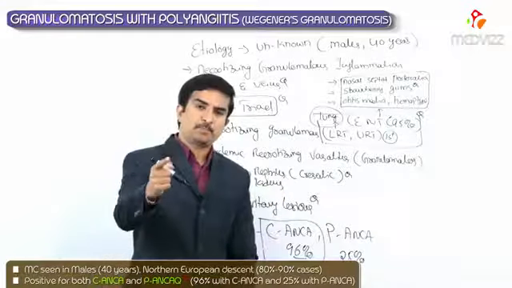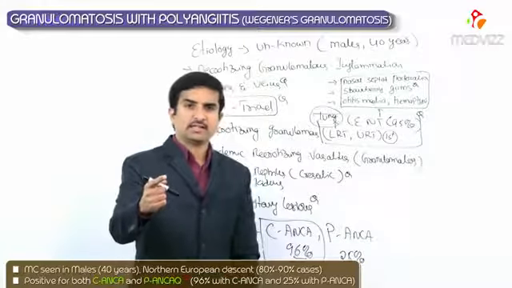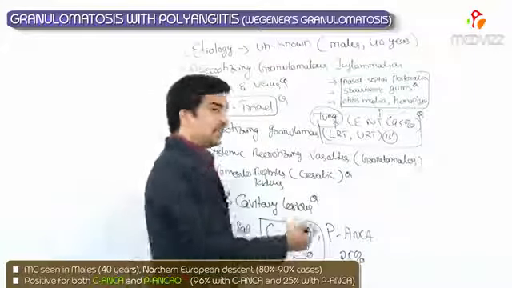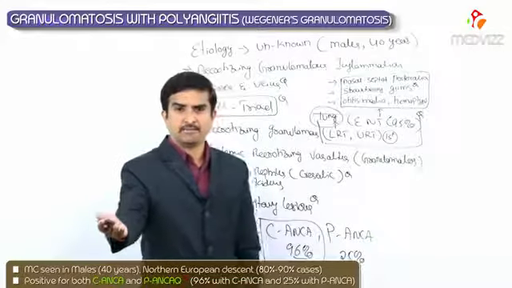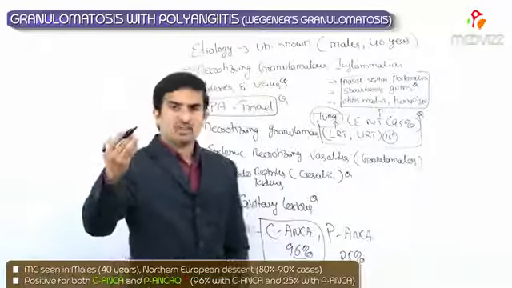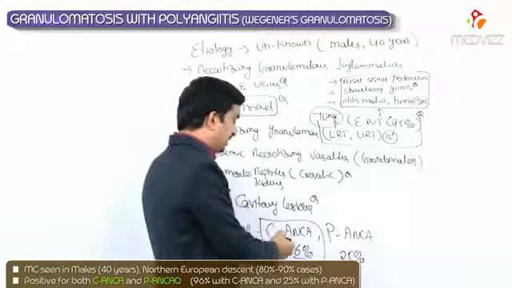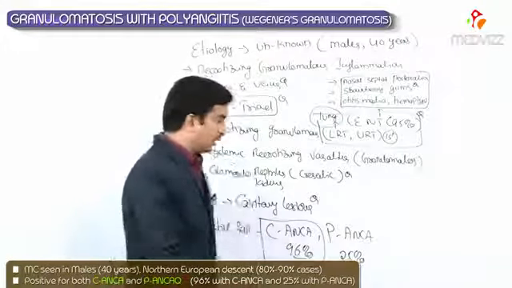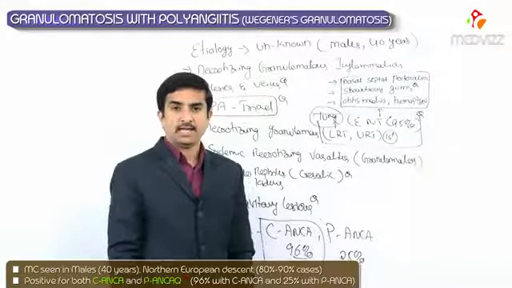Even though we say in the lecture that Wegener's is positive for both C as well as P, if you see the options C as well as P in the exam, you have to choose C because of the greater specificity: in 96% of cases you will see positive CANCA, and only in 25% of cases positive PANCA.